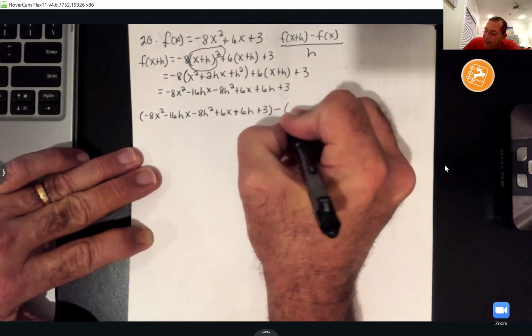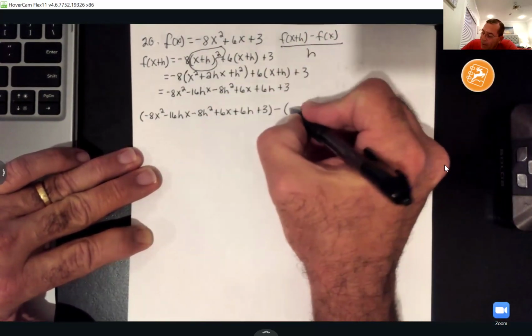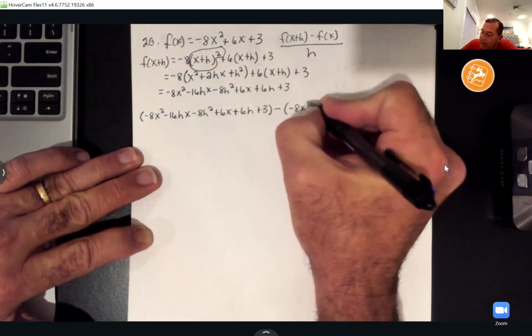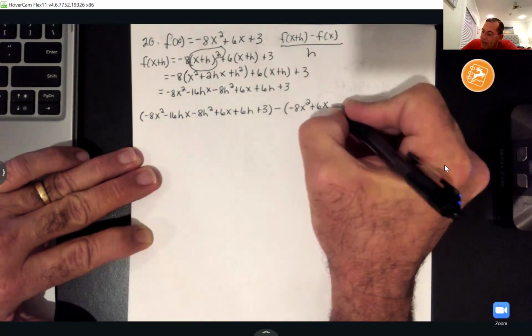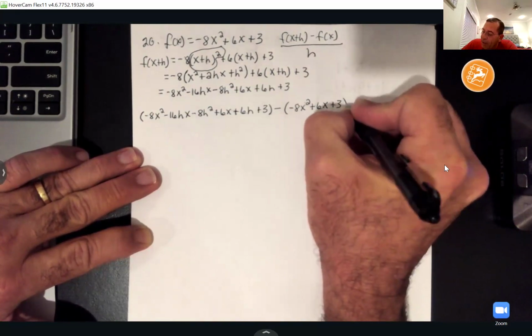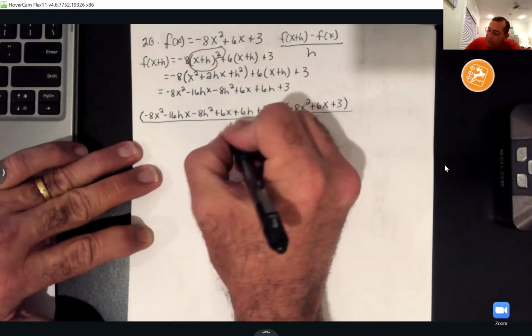All of that minus f of x, which they gave us, negative 8x squared plus 6x plus 3. And that is all over our h.